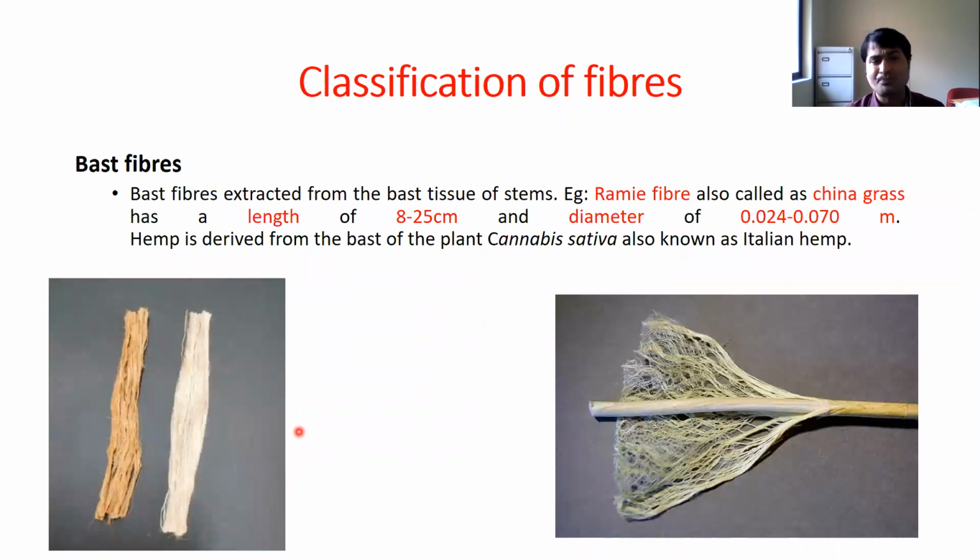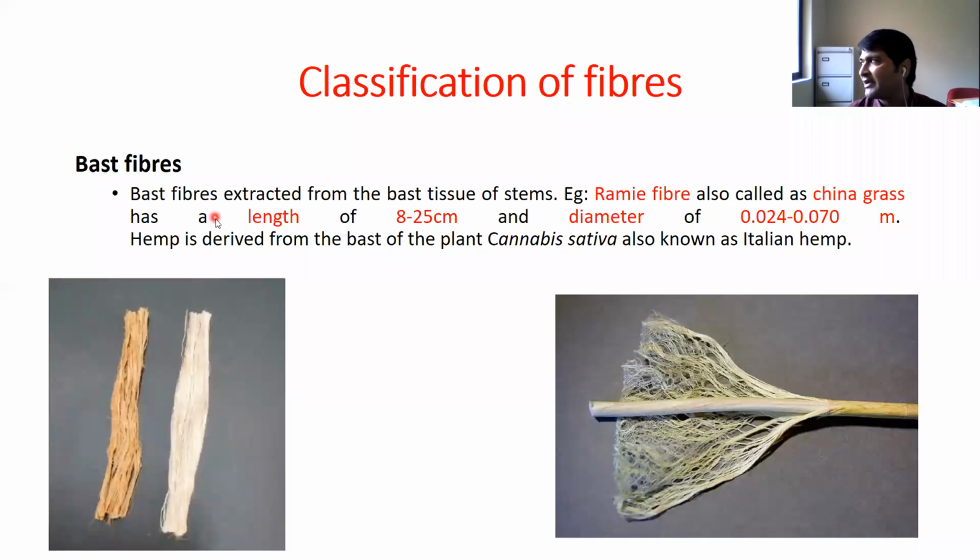Then bast fiber. So these bast fibers generally we are extracting from the bast tissue of stems. Example is the ramie fiber. Ramie fibers, from where we are extracting? Ramie fiber is also called China grass.